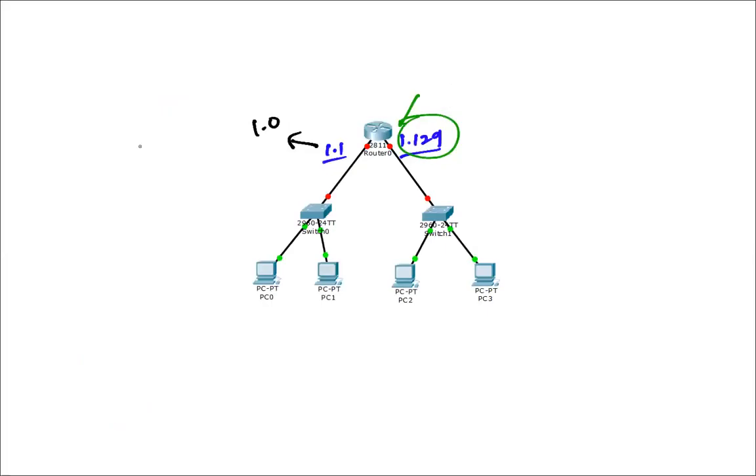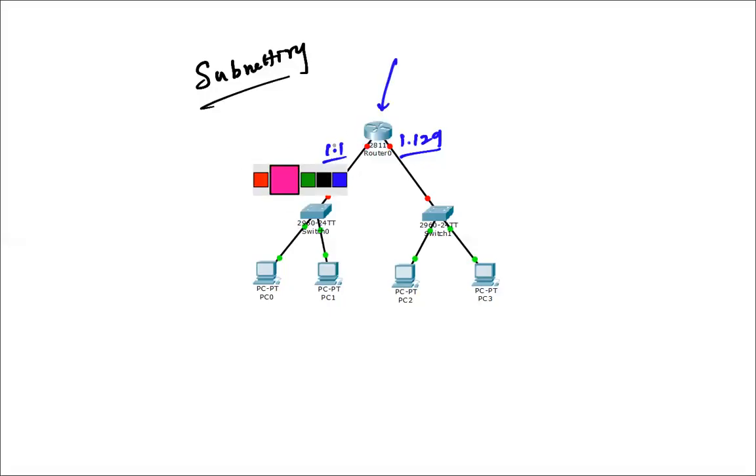Now we're going to learn subnetting. After learning subnetting, we're going to come back to the same lab, and that time I'll configure 1.1 on this interface and 1.129 on this interface. The router, which is now throwing an error, after the next 20, 30 minutes of learning subnetting, we'll come back and configure the same IP addresses, and that time the router is going to accept them.